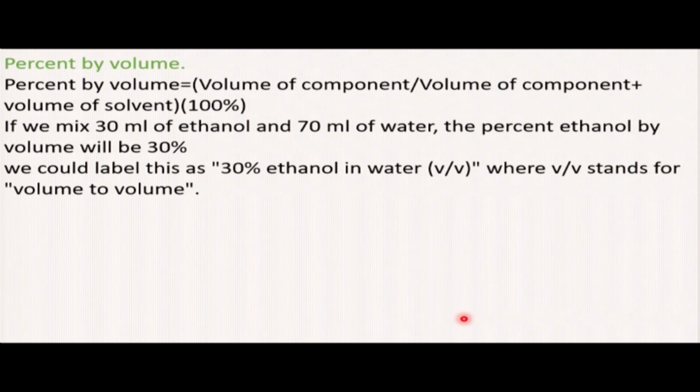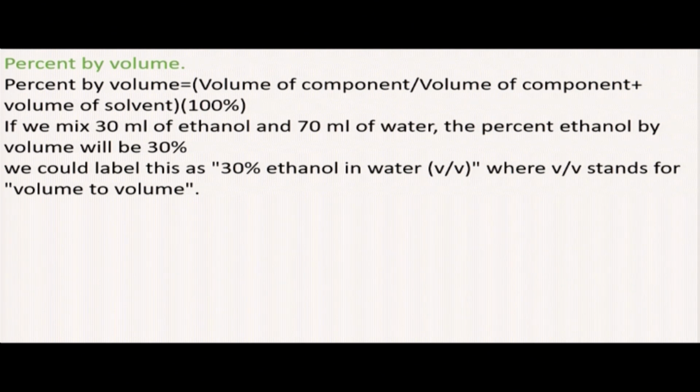So we can also look at what we call percentage by volume. This time, the volume is expressed in terms of percentage. The first one was the mass expressed in terms of percentage. So this is percentage by volume: the volume of the solute relative to the solution is expressed as a percent.